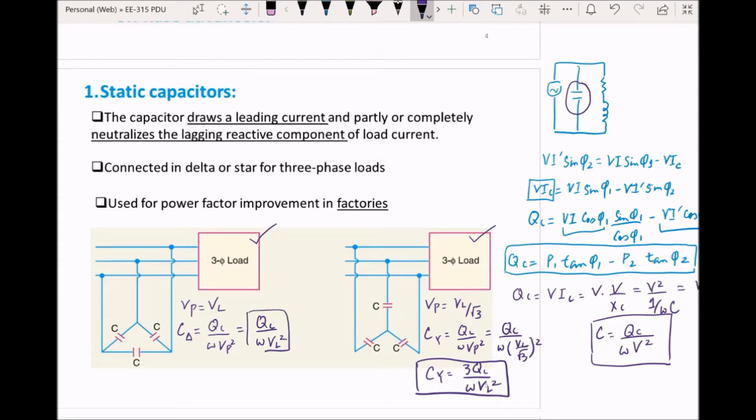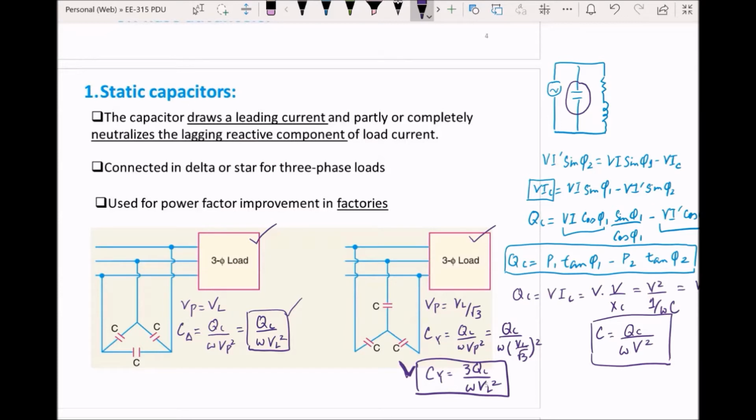So from these two expressions we can see that the capacitance in Y connected capacitors, the value is 3 times bigger than the value in delta configuration.